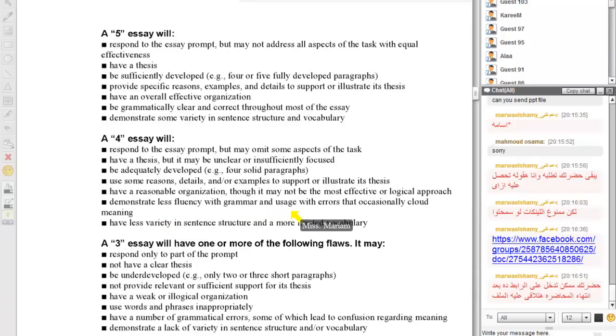Demonstrate less fluency with grammar and usage, with errors that occasionally cut meaning. That means that they have grammatical mistakes, and actually I call it structure mistakes. Why?